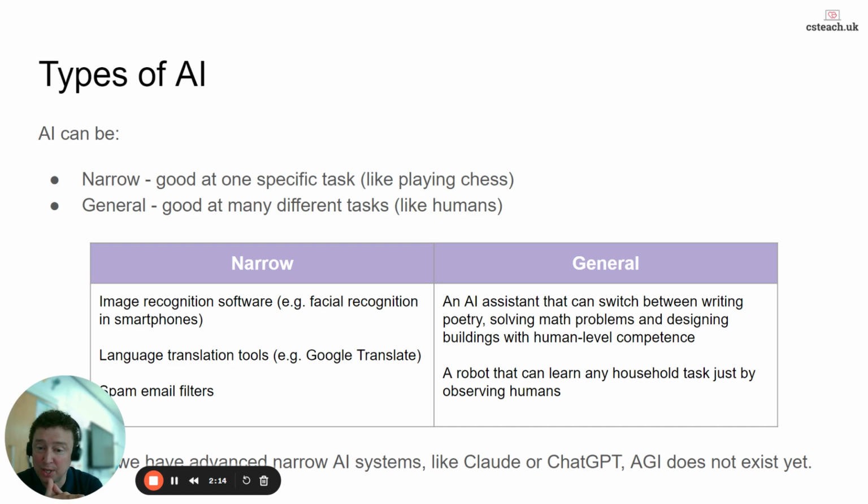You've also got language translation tools, and these are getting better all the time. Google Translate was one of the first ones, and in the early days, it was a very simplistic, direct translation of an English word into a word in a different language. And now it's getting more complex and efficient because it's now looking at the entire sentence and not just translating one word at a time.